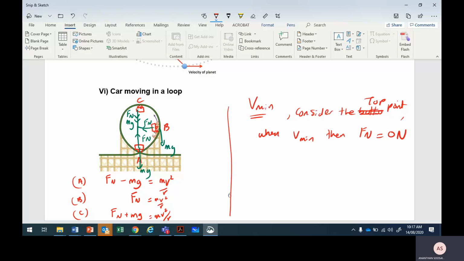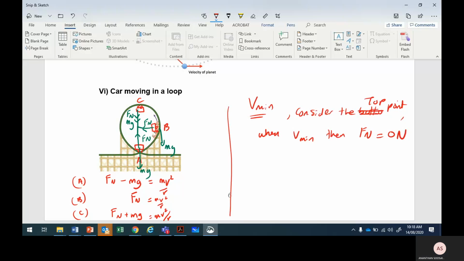If the engineer launches the roller coaster at a particular speed, the V minimum, then when you go to the top, you're not pressing the seat, and at the same time you're not falling into the bar. In that situation, how much normal force do you experience? 0. Normal force 0 means you never press the track, so the track never pushes you down.